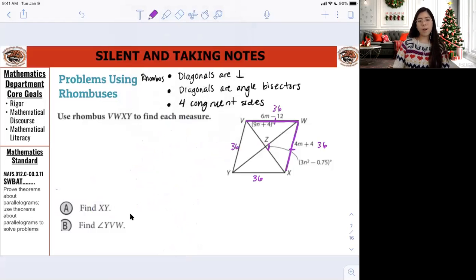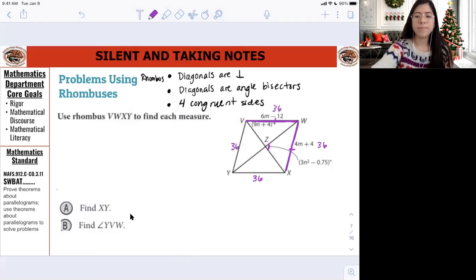How do I find YVW? What would I add them to? What do you mean?